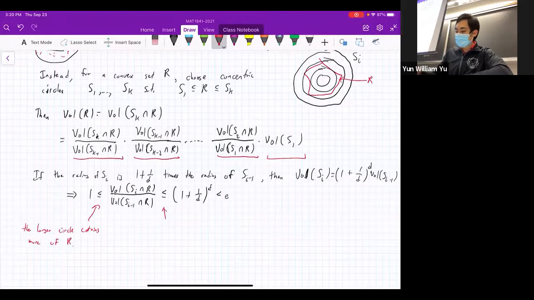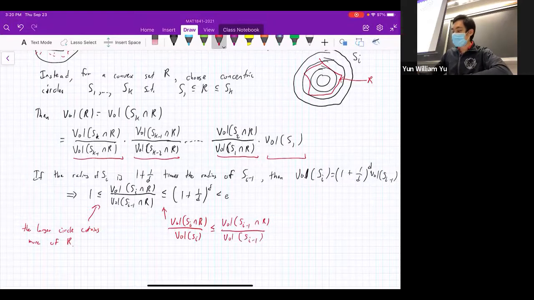So note that the volume of SI intersect R divided by the volume of SI is less than or equal to the volume of SI minus 1 intersect R divided by the volume of SI minus 1. And this is by convexity.